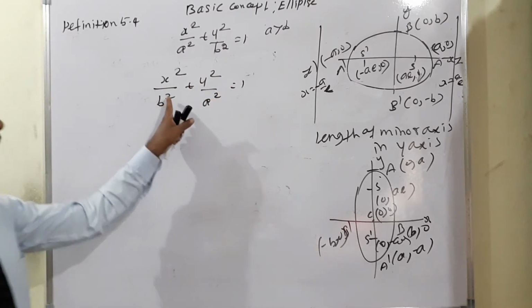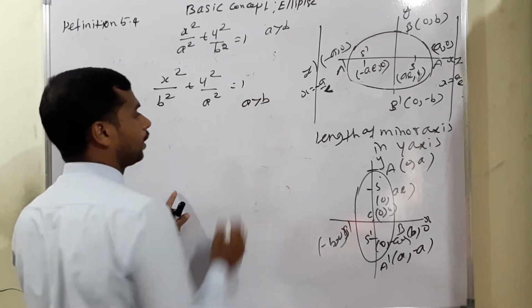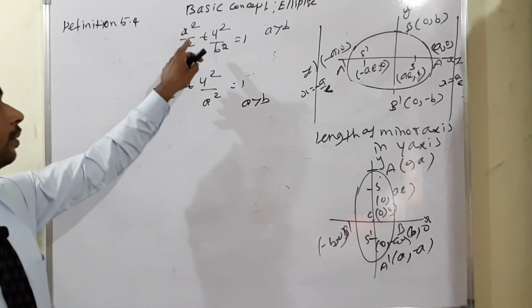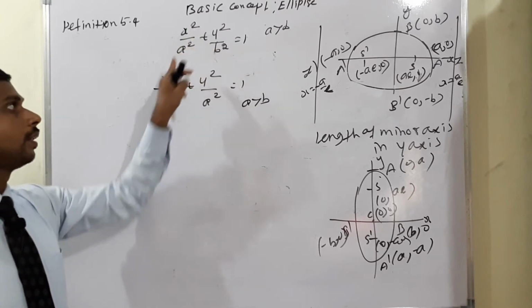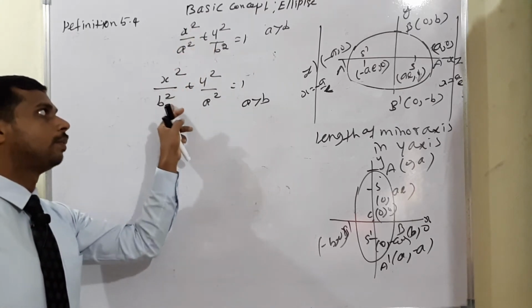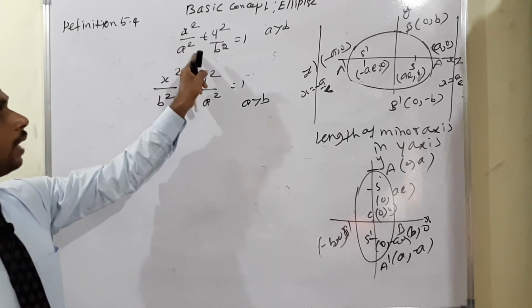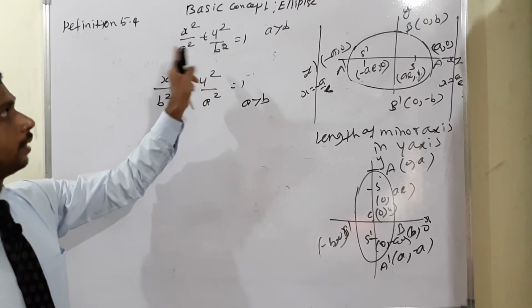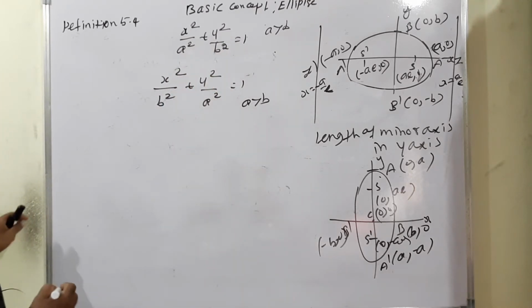When the larger value is under x square, we write x square by A square plus y square by B square is equal to 1.